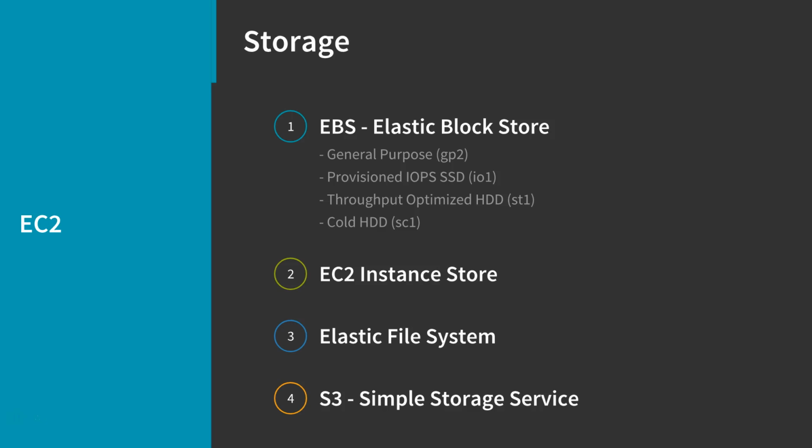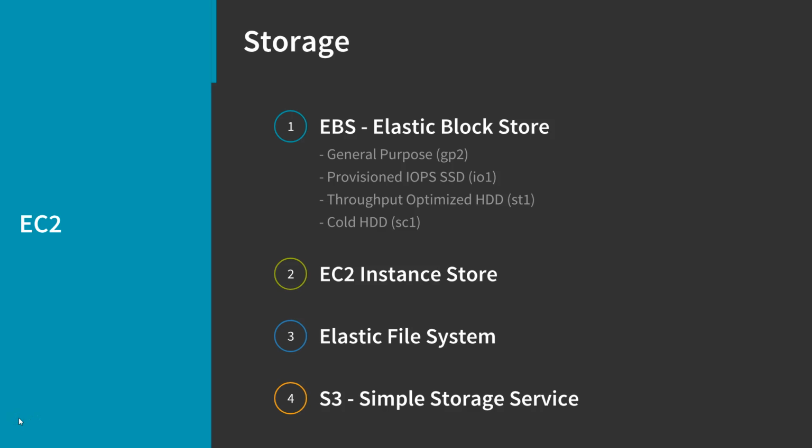Instance store is ideal for temporary storage of information that changes frequently, such as buffers, caches, scratch data, and other temporary content, or for data that is replicated across a fleet of instances, such as a load-balanced pool of web servers. And once again, one of the main differences between EBS and EC2 Instance Store is that EBS is persistent storage and Instance Store is not. So if you stop or terminate an EC2 instance, any information on the Instance Store will be lost.